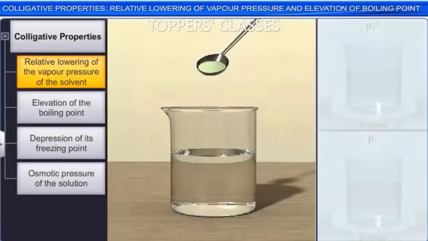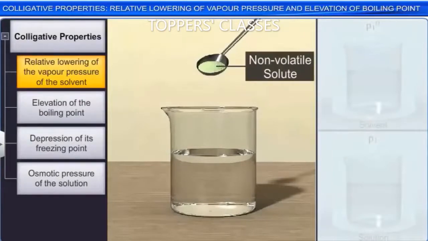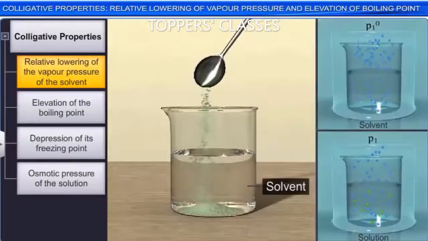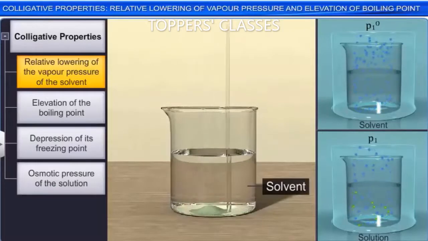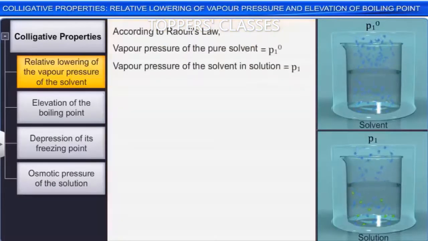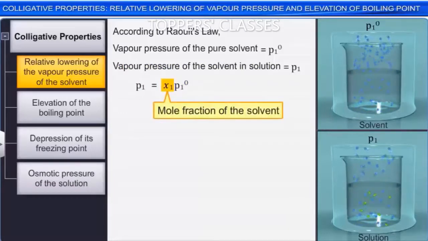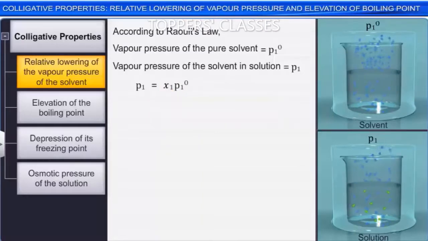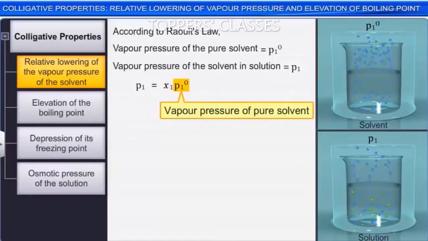We know that when a non-volatile solute is added to a solvent, the vapor pressure of the solution decreases. According to Raoult's law, the vapor pressure of a solvent, P1, in a solution containing a non-volatile solute is given by P1 = X1 × P1°, where X1 is the mole fraction of the solvent and P1° is the vapor pressure of pure solvent.